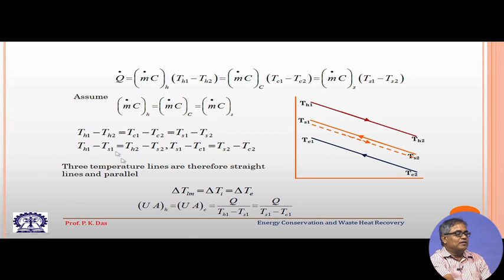This also comes from this drastic assumption we have made, that m dot C H is equal to m dot C C, and that is equal to m dot C S. The product UA for each of the heat exchangers, either hot side or cold side, is equal, and can be given by Q by the temperature difference delta T of the hot heat exchanger, or Q by delta T, the temperature difference of the cold end heat exchanger.